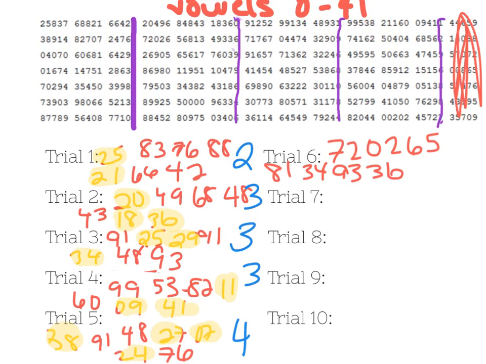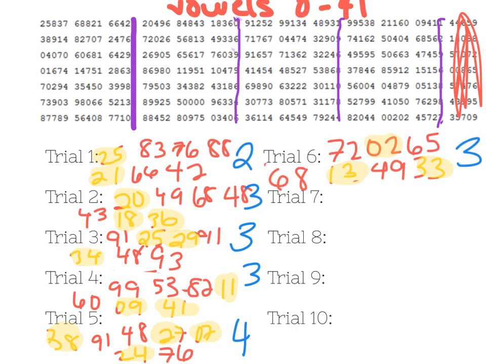Let me do it again. 72, 2, 65. Oh, I need to fix this. I messed up on some of them. So you've got to be very careful. So 65, 68, 13, 49, 33. Okay, so now I have 2, I have 13, I have 33. That's 3.